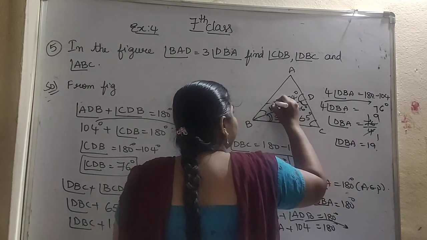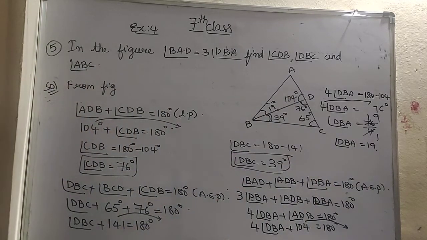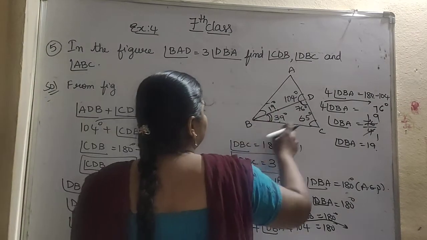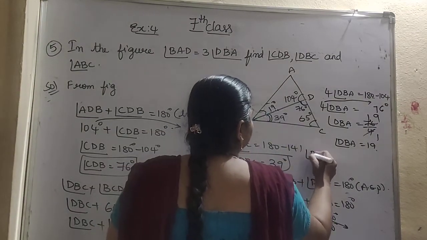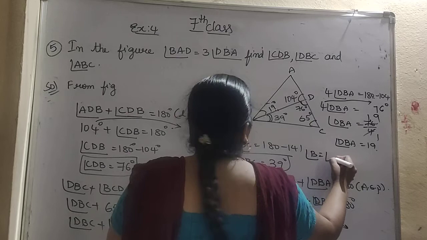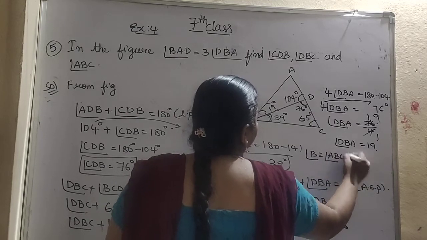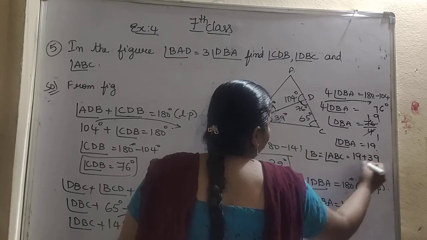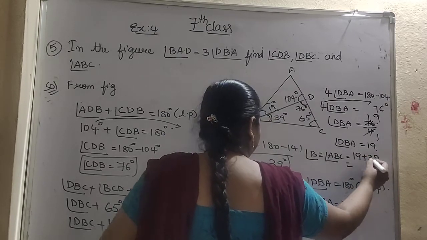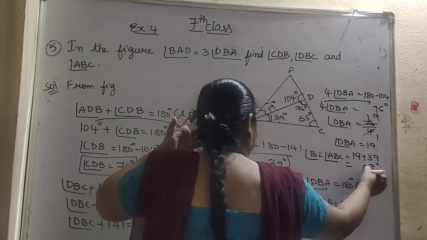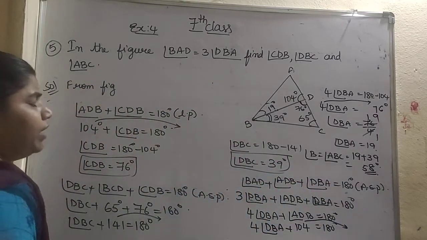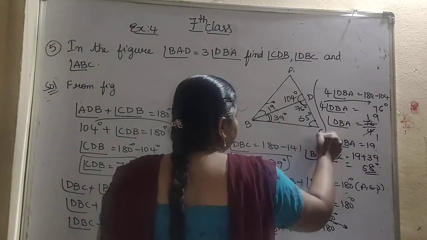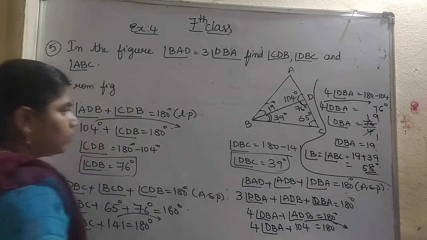Now we want this total angle B, that is nothing but ABC, which is equal to 19 plus 39. So the total angle will be 58 degrees. So this is our problem.